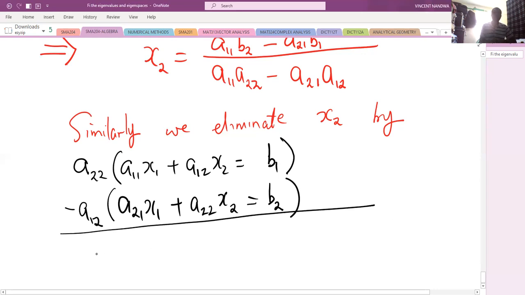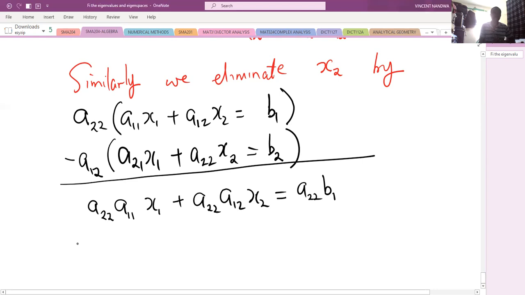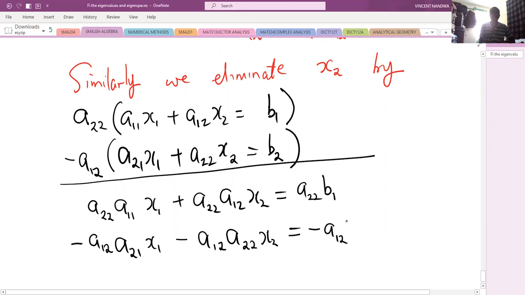So that will give us a22 a11 x1 plus a22 a12 x2 equals a22 b1. This other one will give us negative a12 a21 x1 negative a12 a22 x2 equals negative a12 b2.